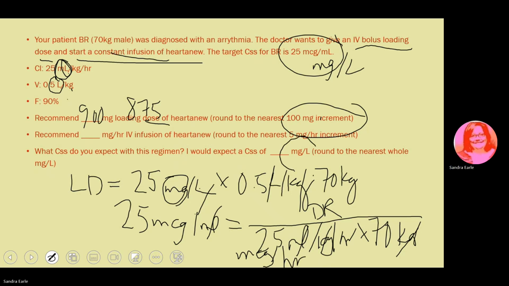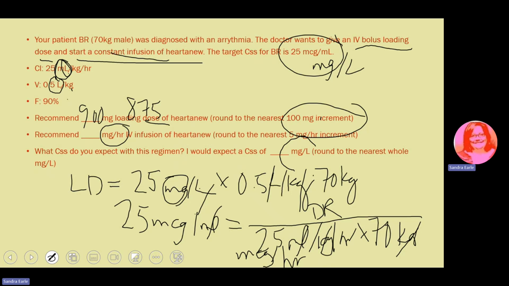But our rate is going to be in milligrams per hour, so we're going to have to change this to milligrams per hour once we figure it out. So it's 70 times 25 times 25.